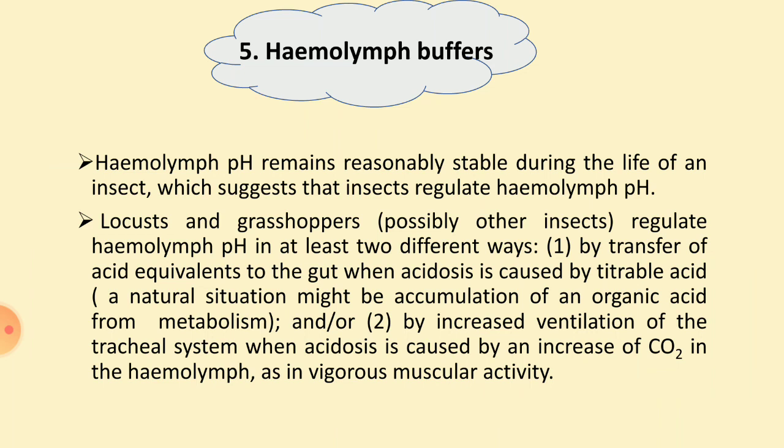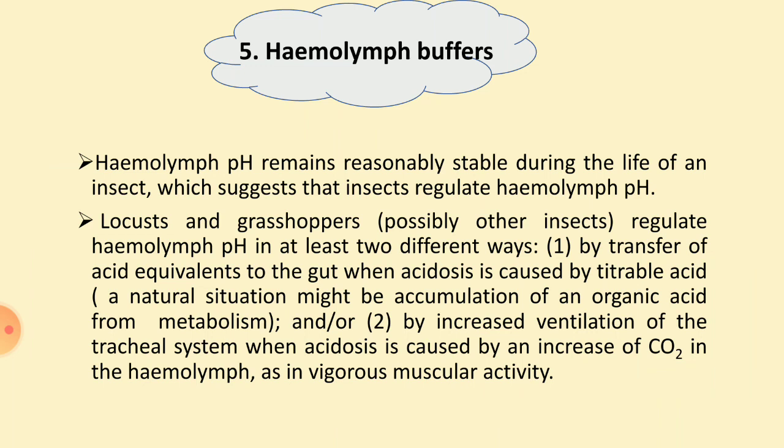The fifth property is hemolymph buffers. The hemolymph pH remains reasonably stable during the life of an insect, which suggests that insects regulate the hemolymph pH. In the locust and grasshopper, this regulates the hemolymph pH in at least two different ways.